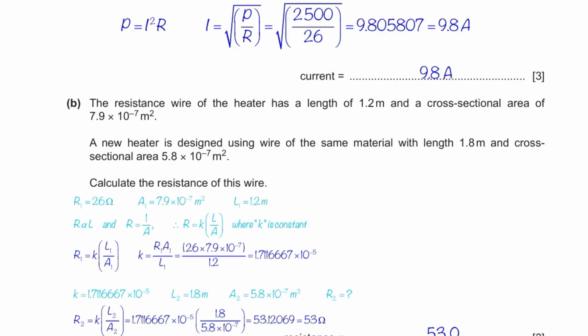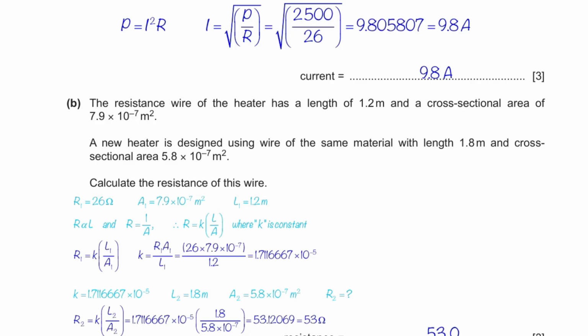L2 equals 1.8 meters. A2 equals 5.8 multiplied by 10 to the power of minus 7 meters squared. Now substitute: R2 equals 1.7116667 multiplied by 10 to the power of minus 5 multiplied by 1.8 divided by 5.8 multiplied by 10 to the power of minus 7.